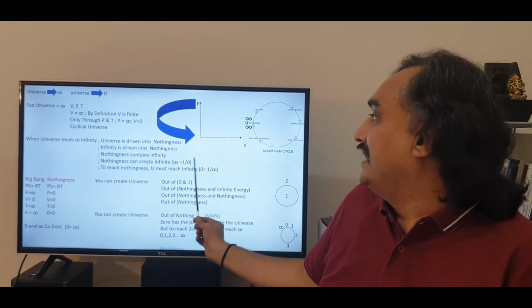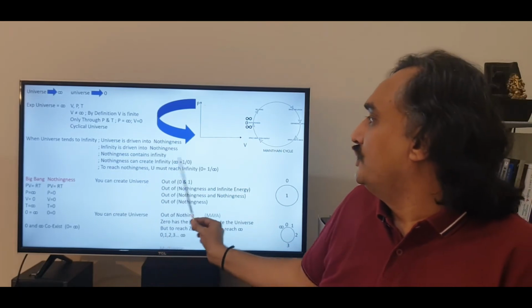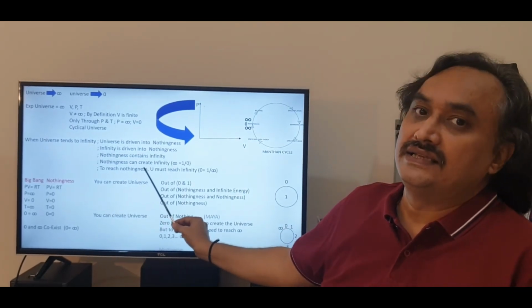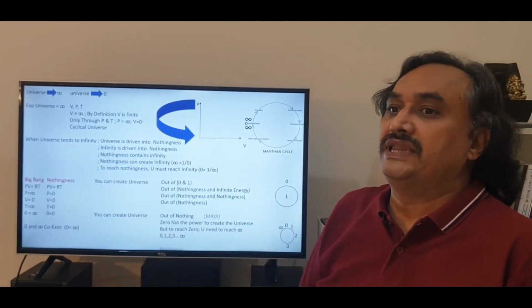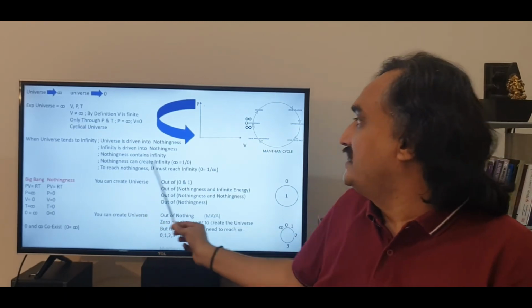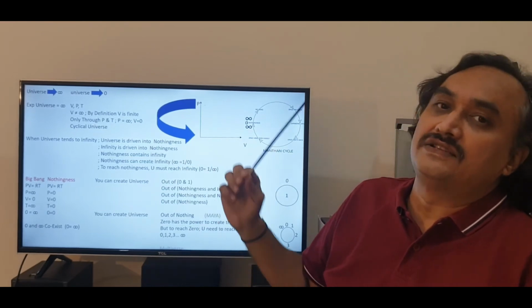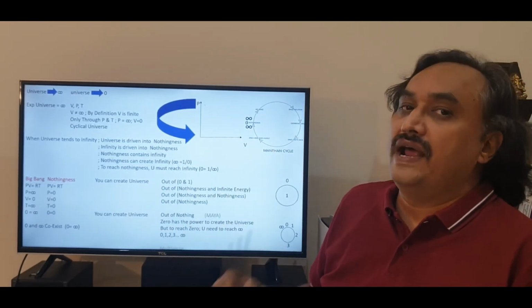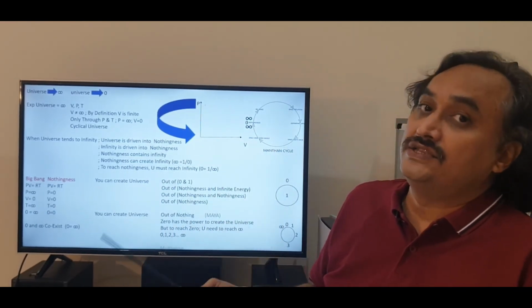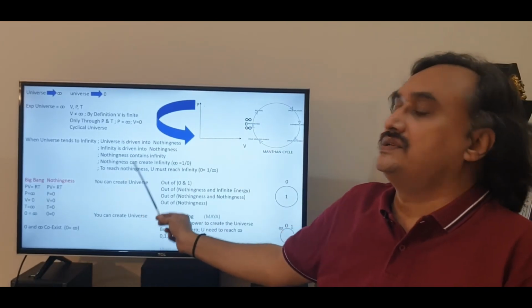But that doesn't mean that infinity is equal to 0, because to reach nothingness, it is not a simple thing that you can reach nothingness. To reach nothingness, first you must reach infinity. Only when you have infinite levels of the universe, which is infinite pressure and infinite temperature and zero volume, that is when you reach nothingness.